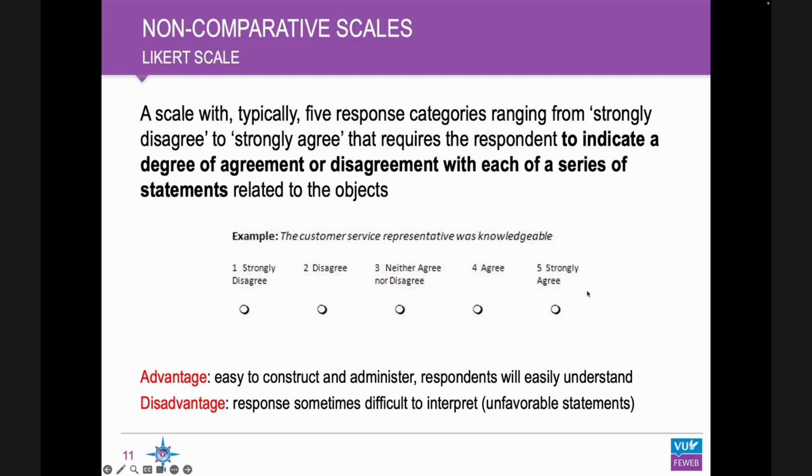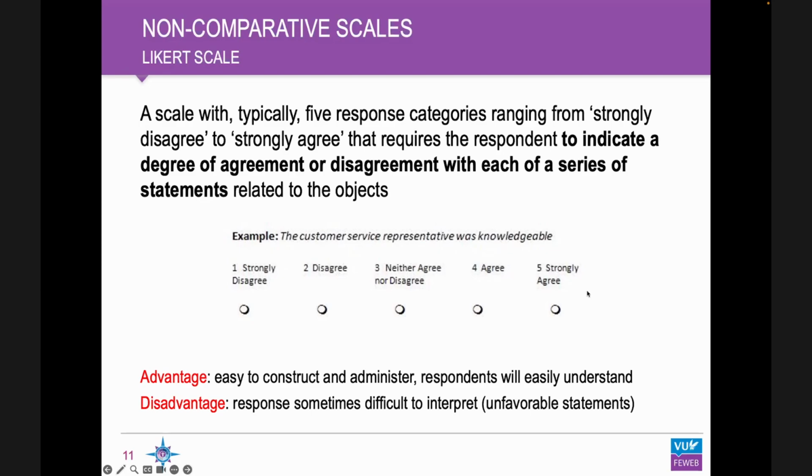So for instance, if we want respondents to rate the cleanliness, this can be related to a product, for instance, I guess. Clean versus dirty, dark versus well-lit, low quality versus high quality, innovative versus conservative, convenient versus inconvenient.